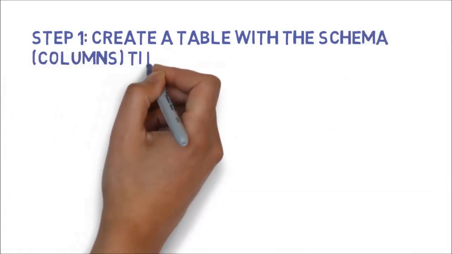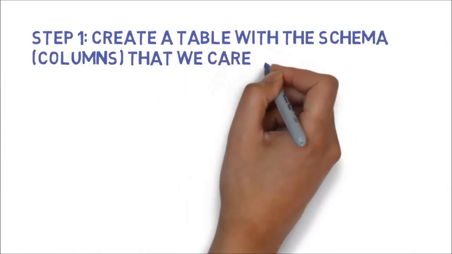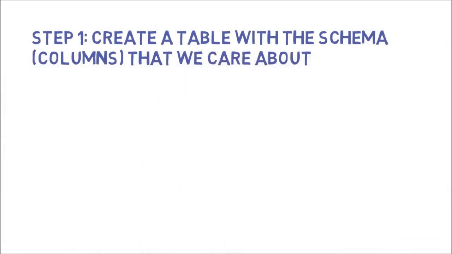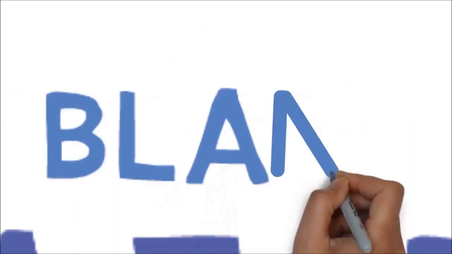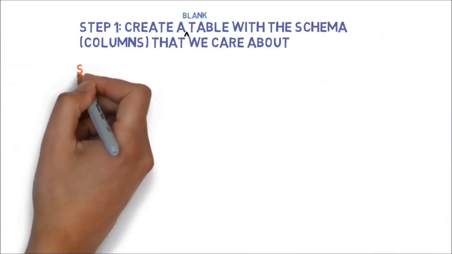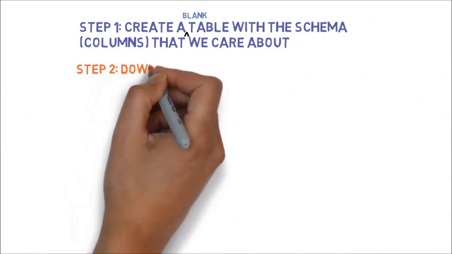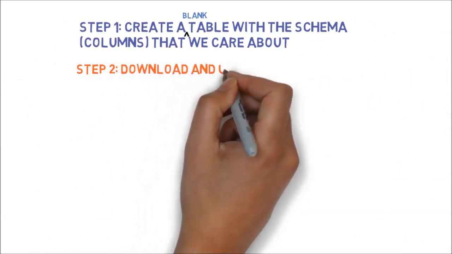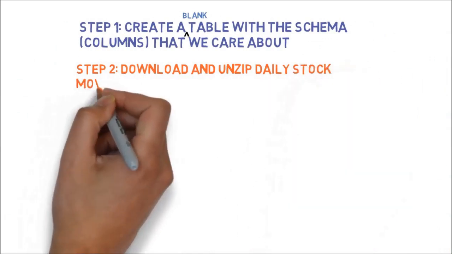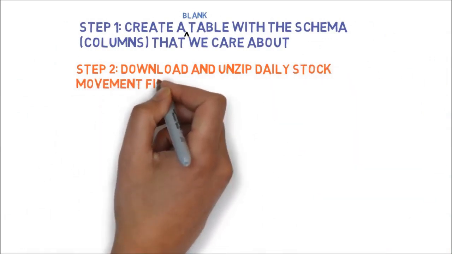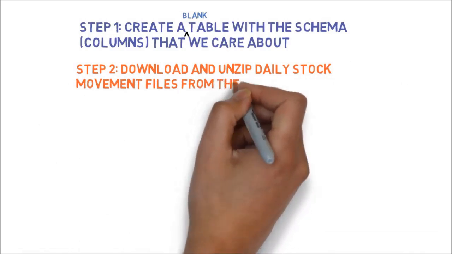So at this point, this table will be blank. There will not be any data in it. We'll download the stock movements for an entire year from the National Stock Exchange website and then insert rows into this table. So step 2 is to download and unzip daily stock movements for a year from the National Stock Exchange of India.